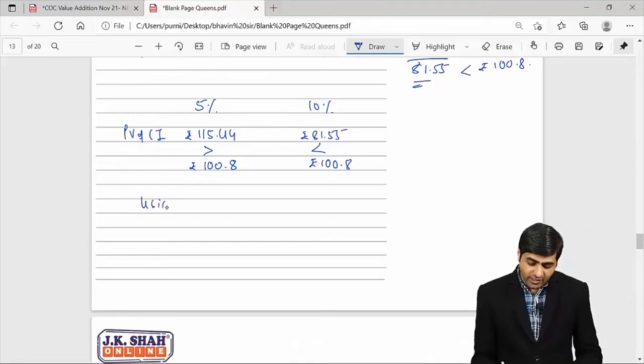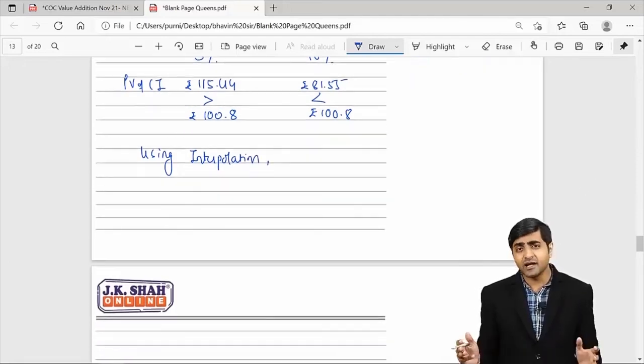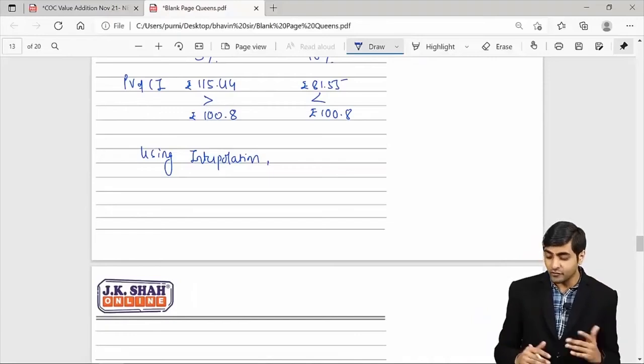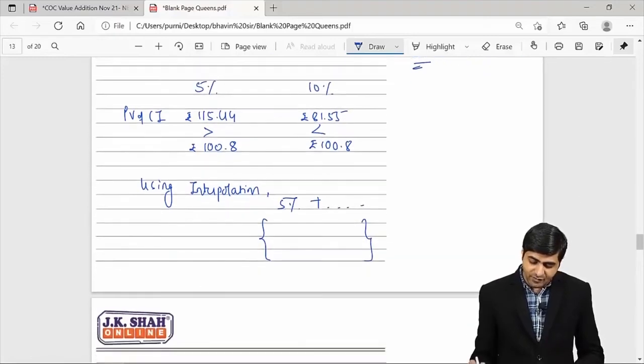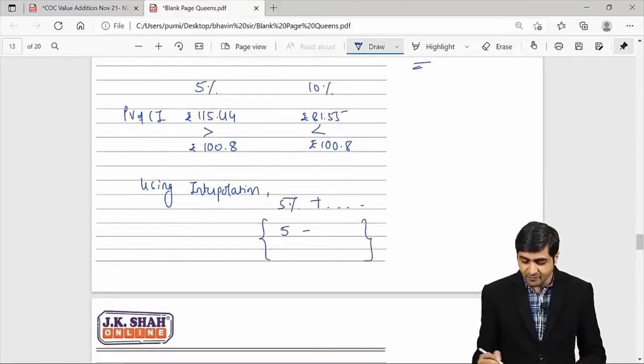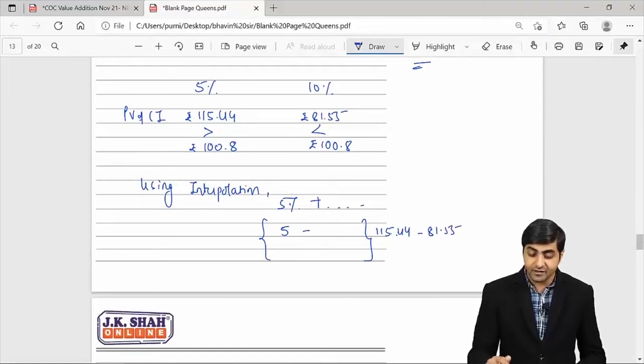So using your interpolation technique, my dear students, again I am repeating that this can be done the way you know how to calculate your IRR by any particular method. So it's 5% plus something, and the difference between 5 and 10 is nothing but 5, and in this we are subtracting 115.44 minus 81.55.